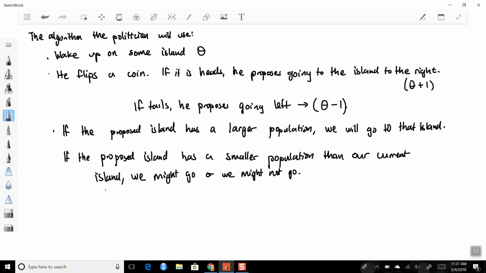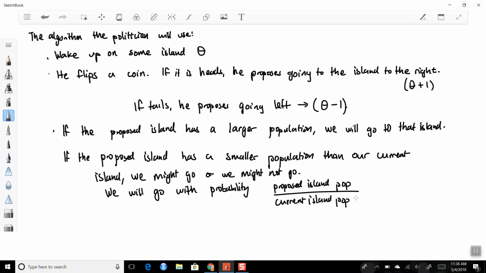Okay, and we will go with probability, basically, proposed island population divided by current island population. So basically, you draw a random uniform from 0 to 1, and if it's smaller than this number, you'll go to the proposed island, and if it's bigger, you don't.